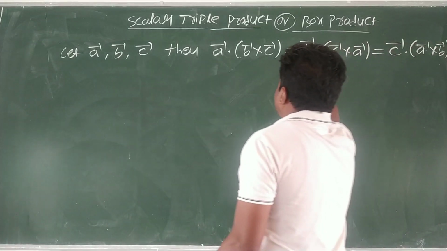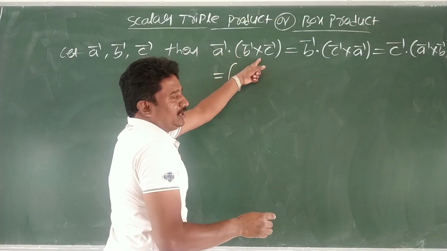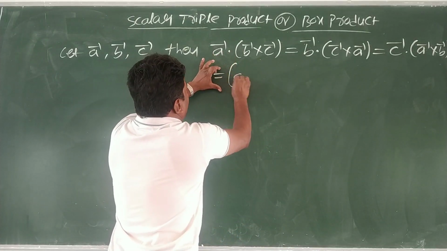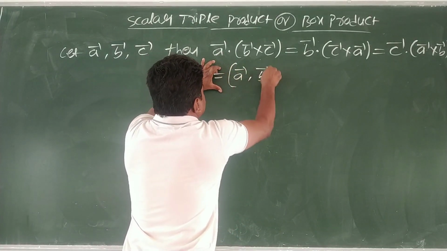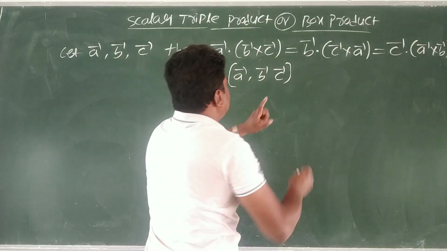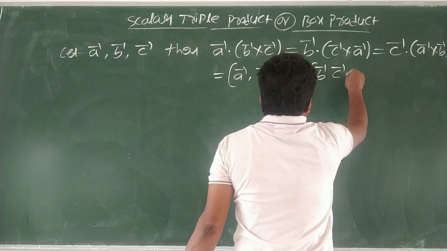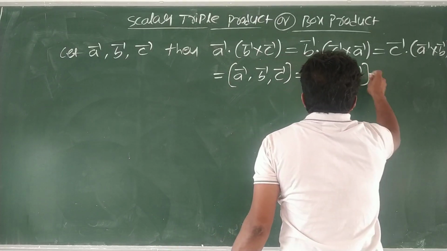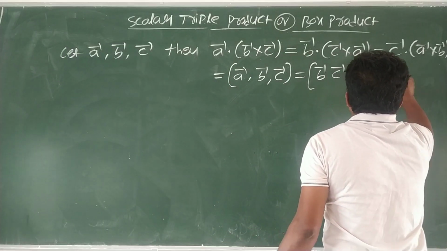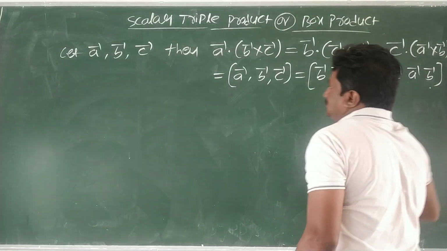You can represent this by one more representation. A dot B cross C, you write that as box ABC. You can represent it in any way: box ABC, box BCA, box CAB.